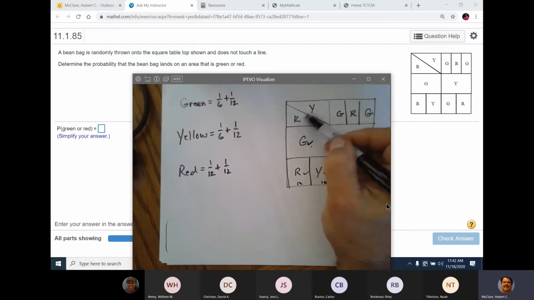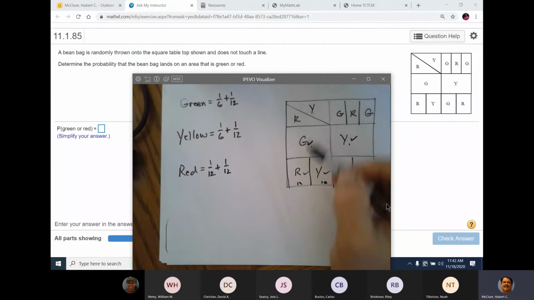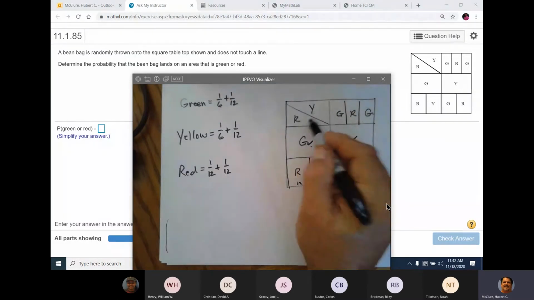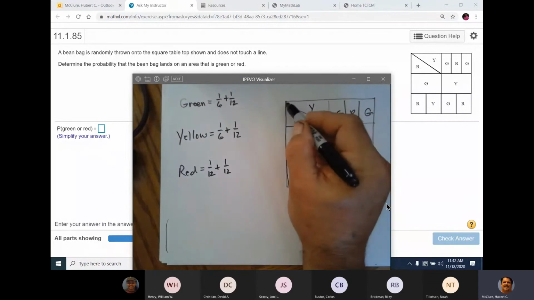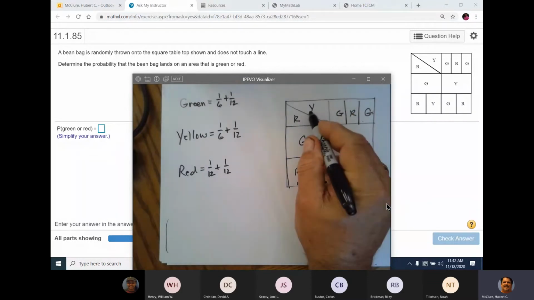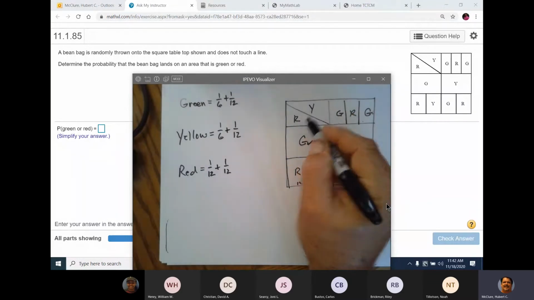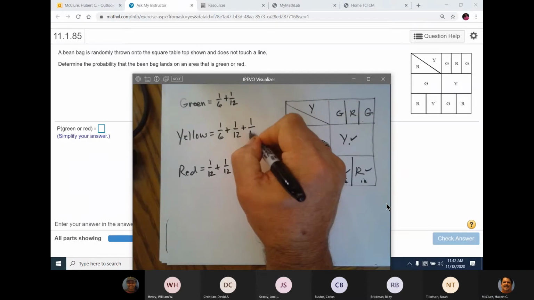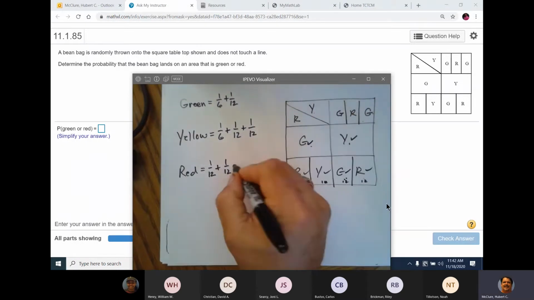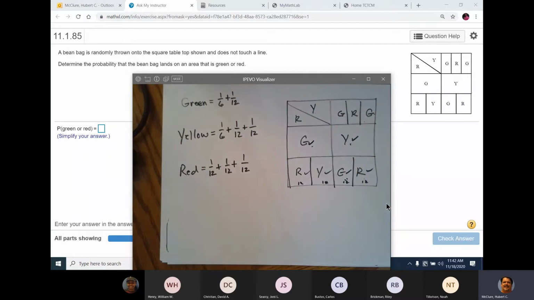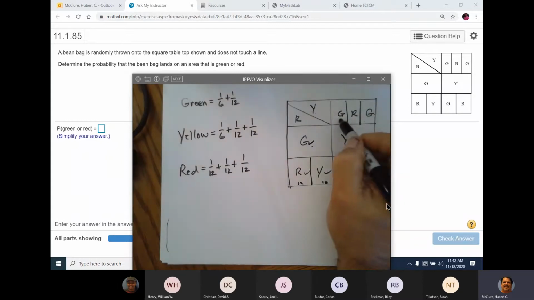How many of these diagonals are in this whole group? 12, because there's 2 in each. 2, 4, 6, 8, 10, 12. So diagonals, that'll be yellow is 1 out of 12, and red is 1 out of 12. And here's where they get to 18. There's 3 in this group. So how many are in the whole?